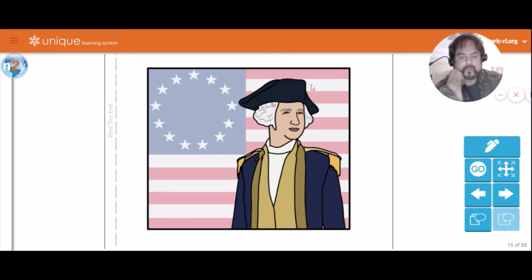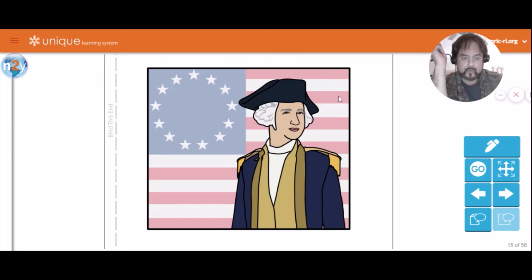And behind him is the flag of the United States colonies, which had 13 stars, 1, 2, 3, 4, 5, 6, 7, 8, 9, 10, 11, 12, 13, which symbolized the original 13 colonies, of which Rhode Island and Connecticut were part. And the stripes symbolize the 13 colonies then too.